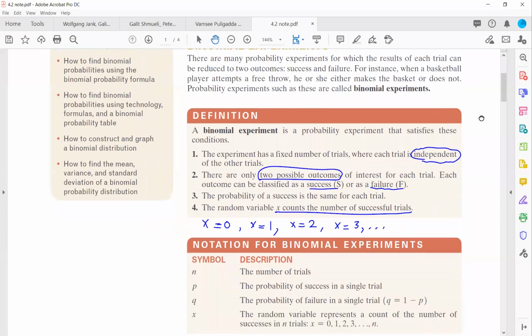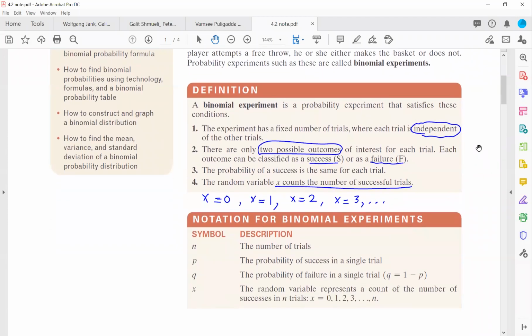Okay, notation for binomial experiments. N is the number of trials. P, the probability of success in a single trial. Q, the probability of failure in a single trial. What's the relation between P and Q? Q, the probability of failure in a single trial, is equal to 1 minus P, which is the probability of success in a single trial.